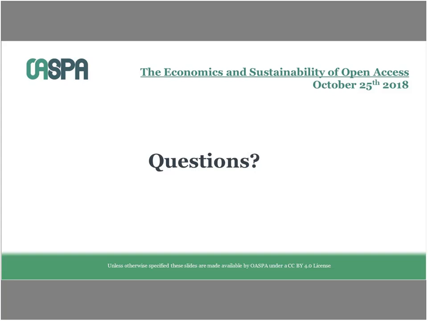Another question is about the variation across different fields and countries. I'll put this out to all three of you. How does economic innovation in open access publishing differ in the sciences from the humanities and from the global north to the global south? Does anybody want to jump in on that one? Okay, Stuart, I'll take a start. There are clearly substantial differences between the humanities and the sciences and the south and the north.